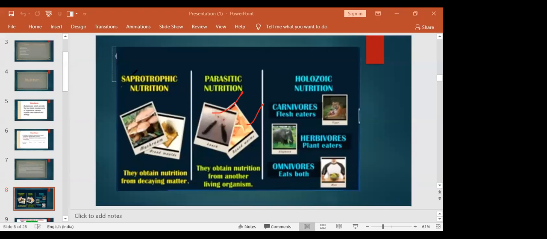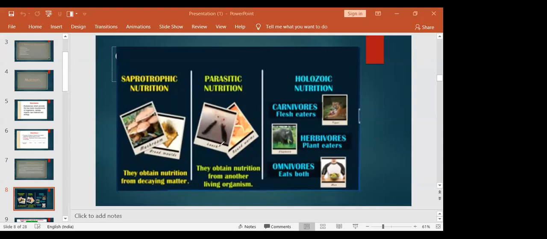In the first one, the organism depends on dead and decaying matter, whereas parasites depend on other living organisms. So this type of nutrition is called parasitic nutrition. They are obtaining food from other living organisms.